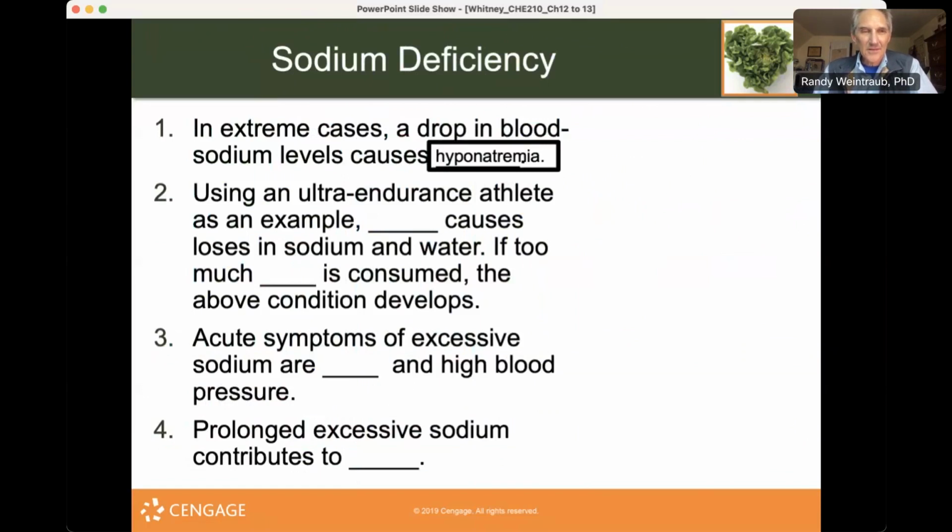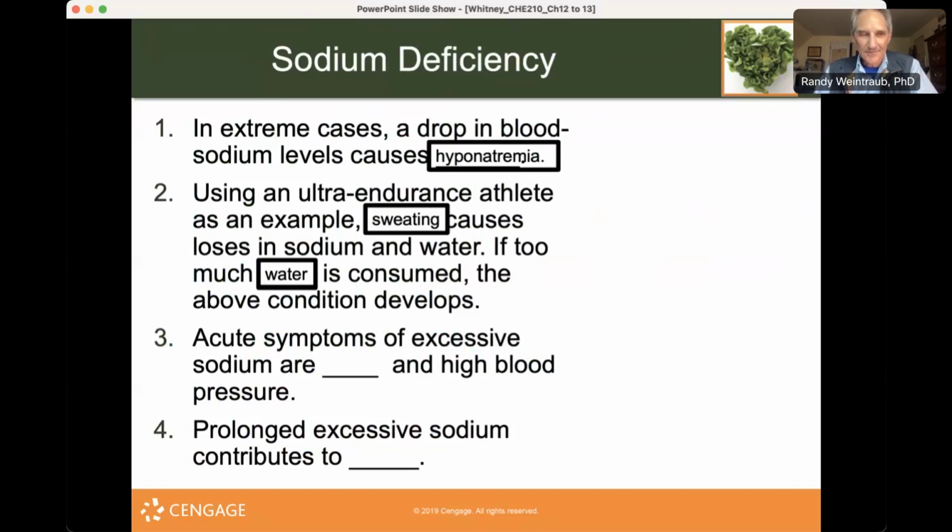Using an ultra-endurance athlete as an example, sweating causes excess sodium and water excretion, and if too much water is consumed, the condition can develop as well.